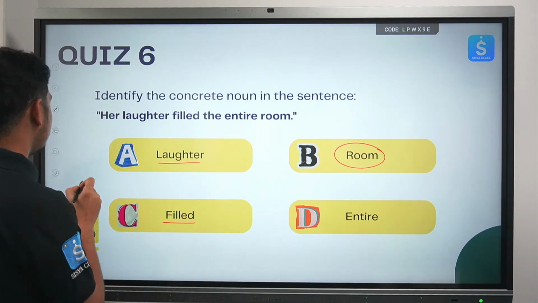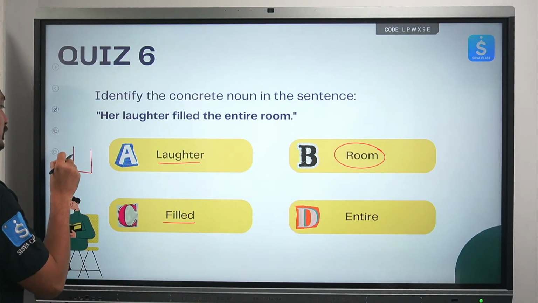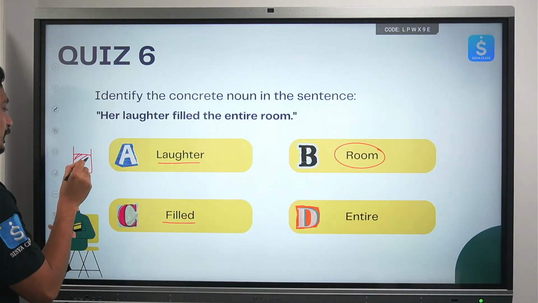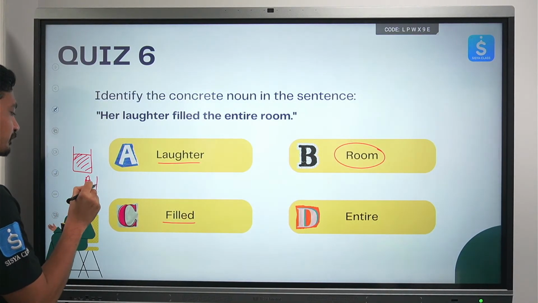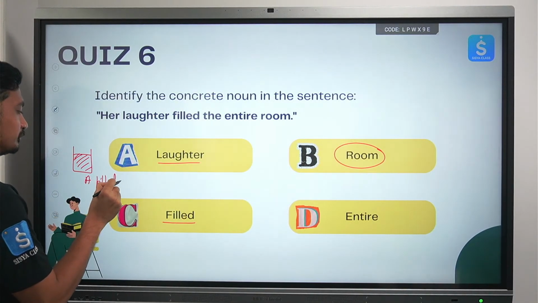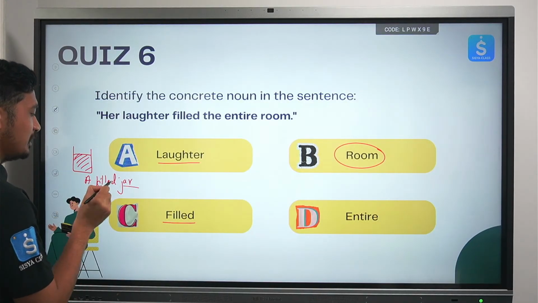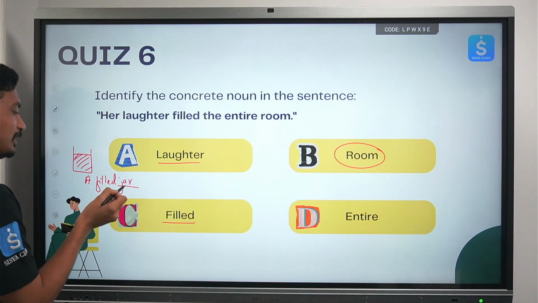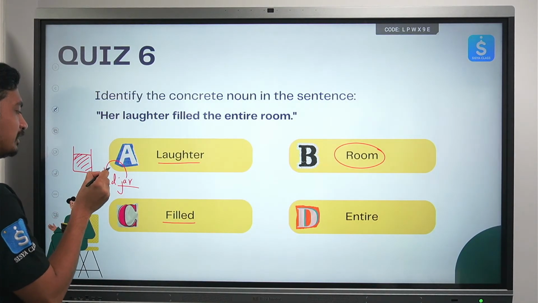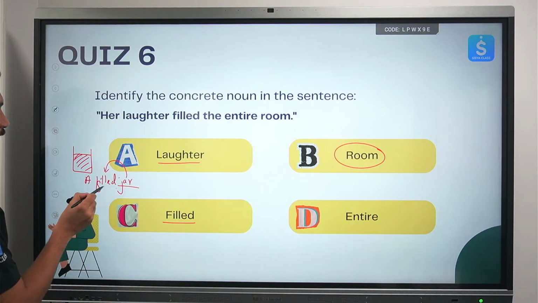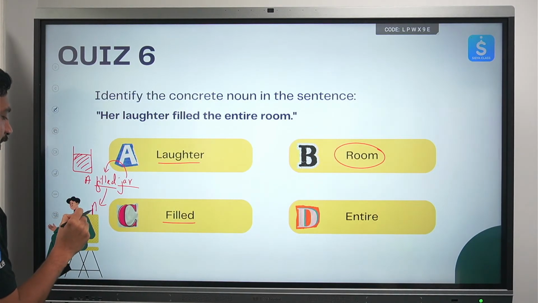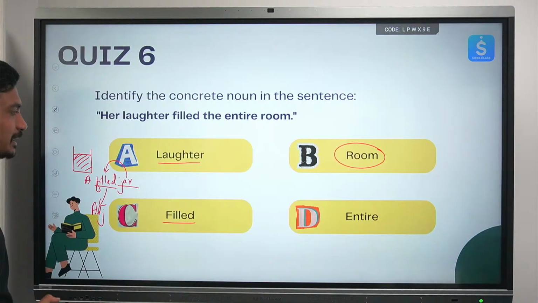For example, if I say a filled jar, jar is the noun, but the word which is qualifying that noun is considered an adjective. So filled itself is an adjective.